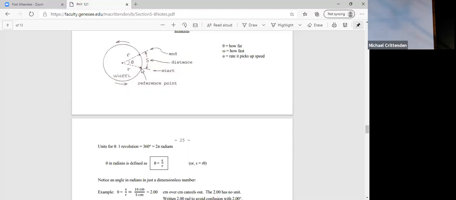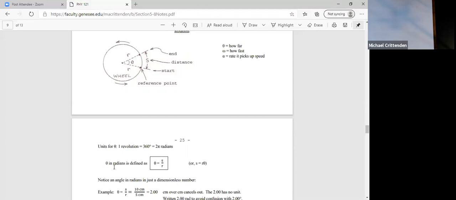But wait a minute. Half the radius, half the distance, a third of the radius, a third of the distance. The ratio is always the same, whether you're out here on the edge or anywhere else. The arc length divided by the radius is the same for every point on the wheel. Theta equals S over R. So that's a natural way of describing angles that doesn't involve just pulling a number out of a hat, 360 or whatever.